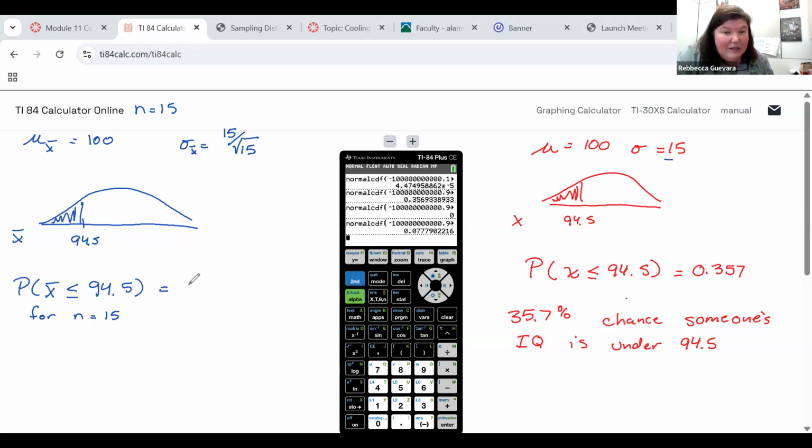The mean here is going to be this. Or it's not my mean, I'm sorry. My probability is going to be 0.078. We'll round to 3 places.